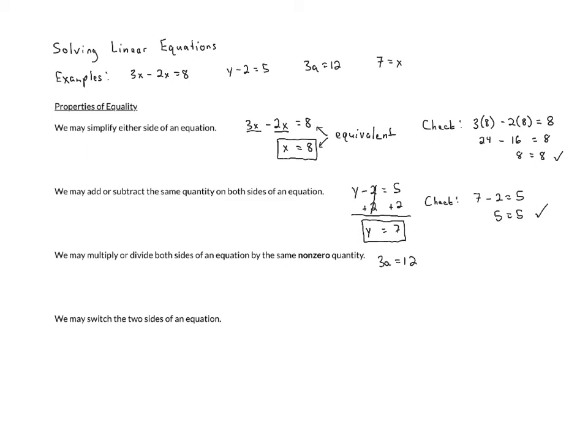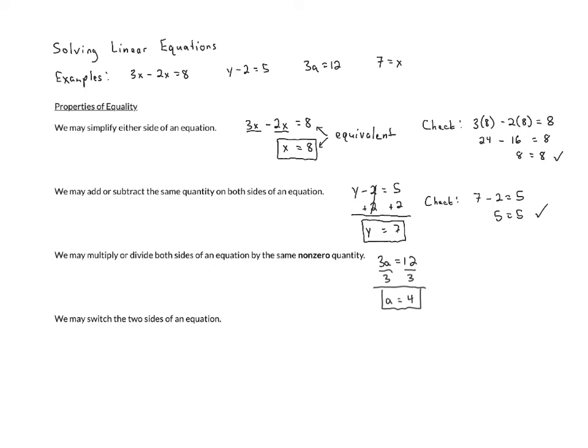If we want to get it alone, we have to do the opposite, which is divide by 3. But if we divide the left-hand side by 3, we also have to divide the right-hand side by 3. On the left, 3a divided by 3 gives us a. On the right, 12 divided by 3 gives us 4. And so we get our solution, a equals 4.